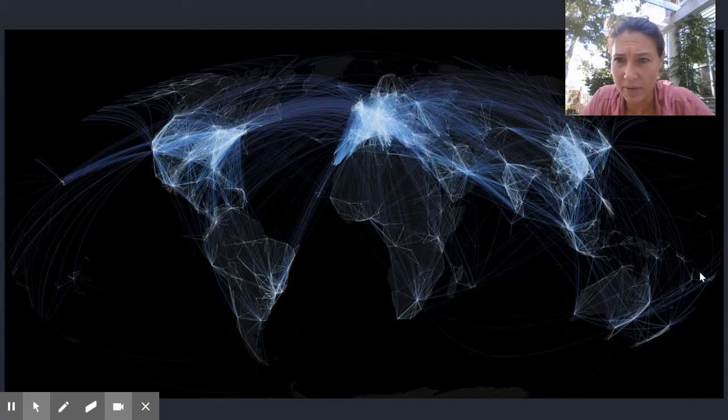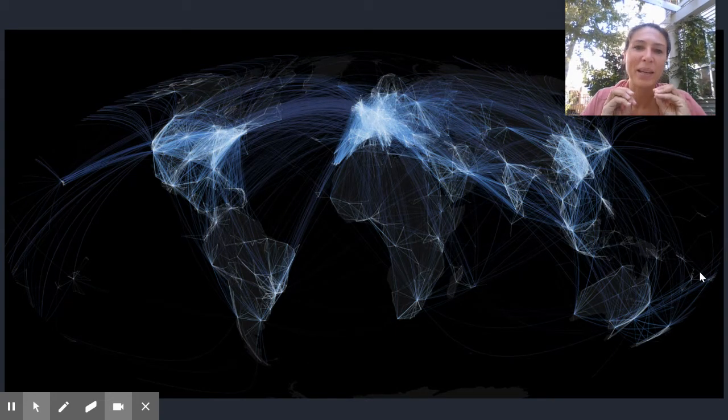I love this map. It illustrates the concept of flow and interconnection. I want you to just look at it because I'm so bummed you guys aren't here in class. I'd love to hear what you think this map is, but since you're not here, I'll tell you. This is airline flight patterns.